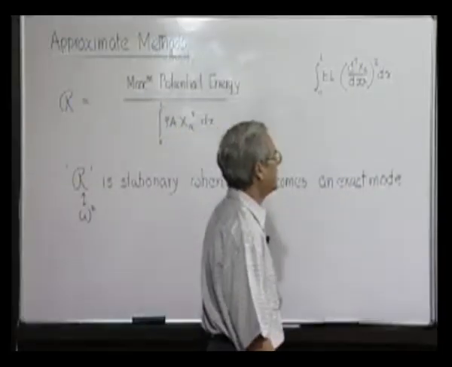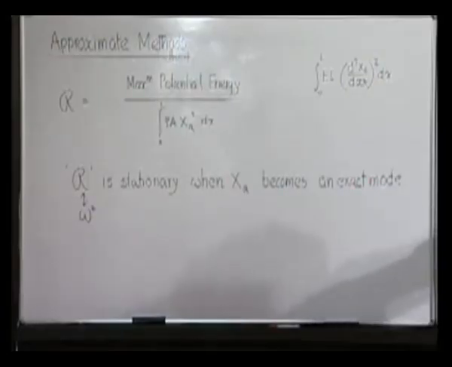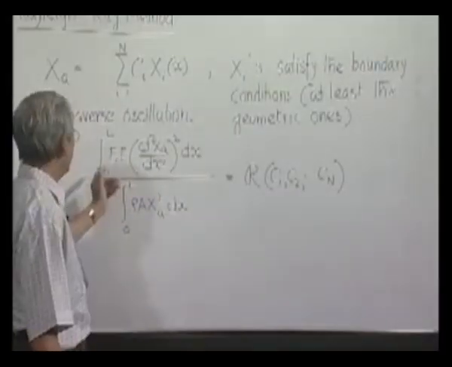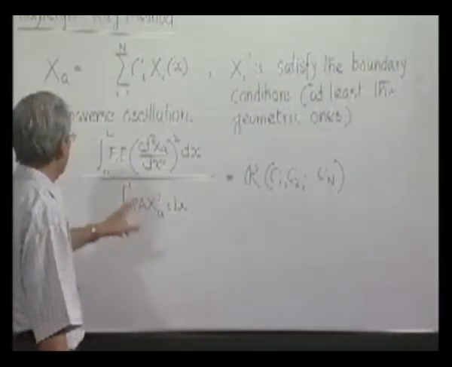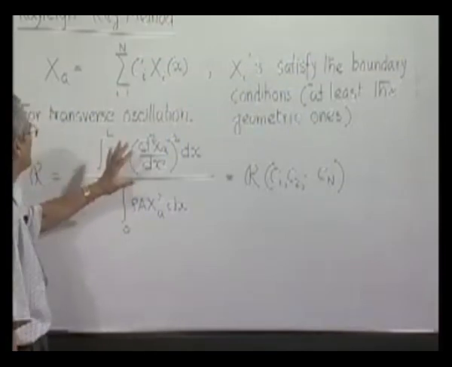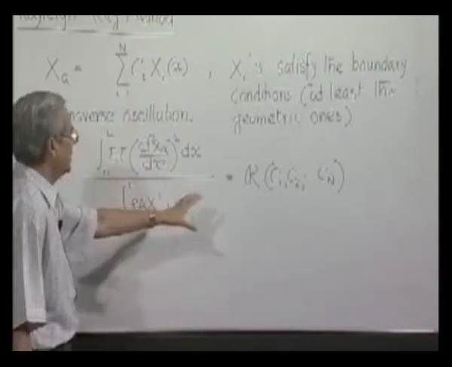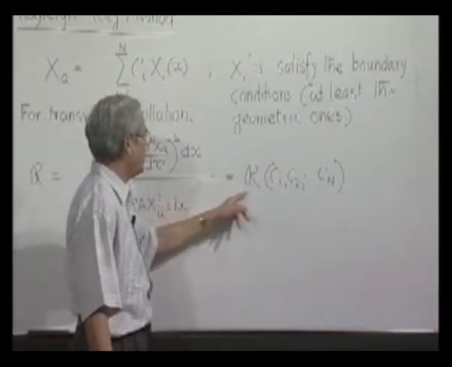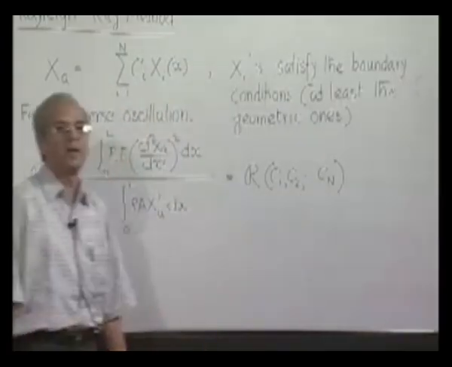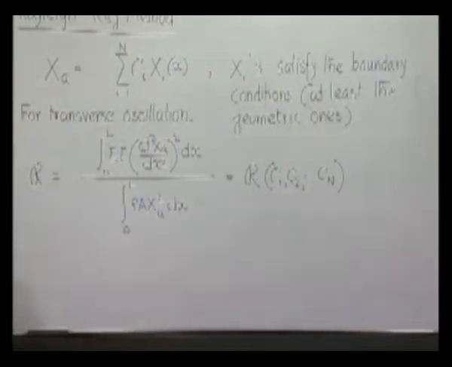So if all these xi's are definite functions, E, I, rho, A are all known quantities, L is known, the only thing that remains as a parameter on which R will depend will be the n number of coefficients. So now, if R is a function of all these coefficients you have chosen, what will be the best way to select these coefficients?